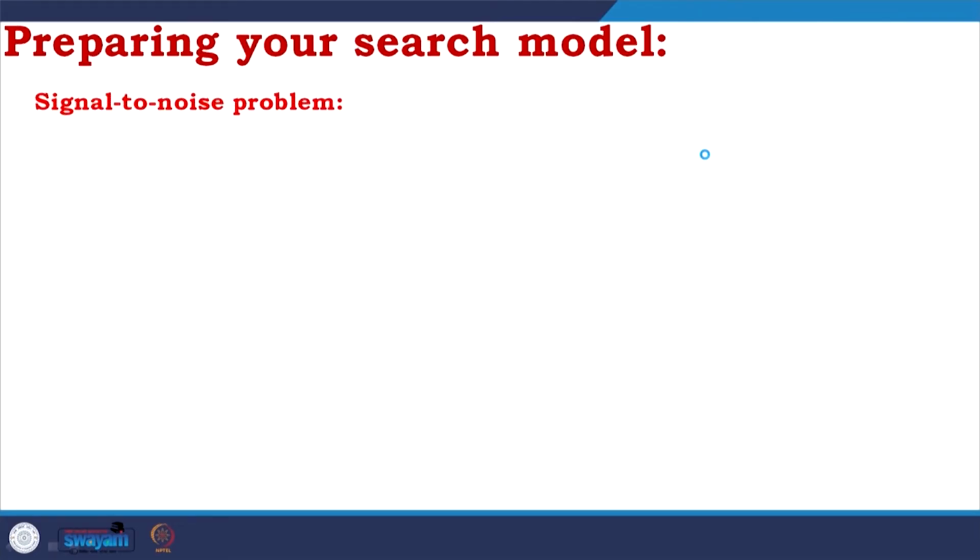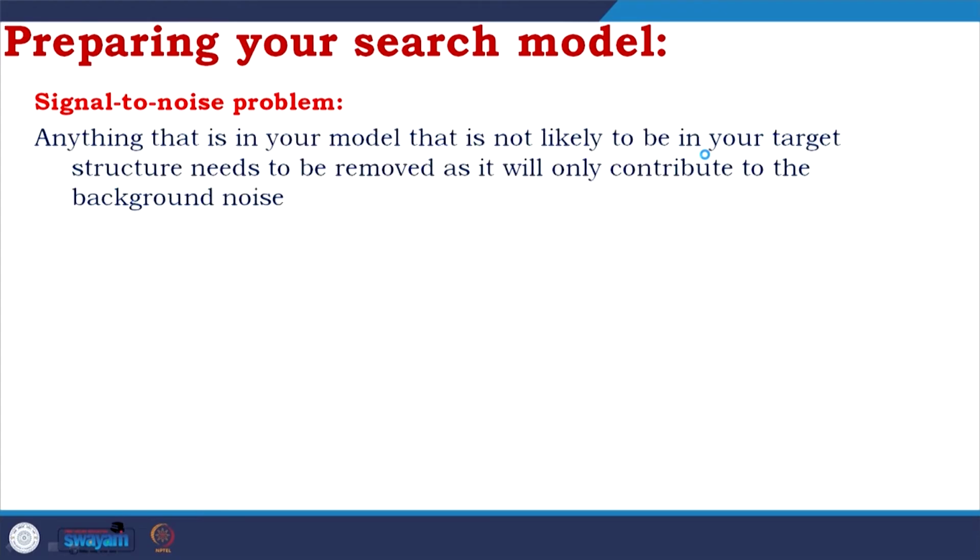So, how to prepare your search model? Signal to noise problem: anything that is in your model which is not likely to be in your target structure needs to be removed, as it will only contribute to the background noise. You have to understand this point critically.